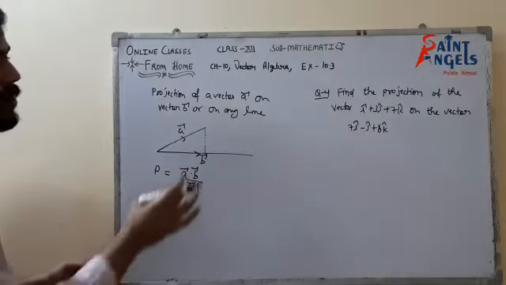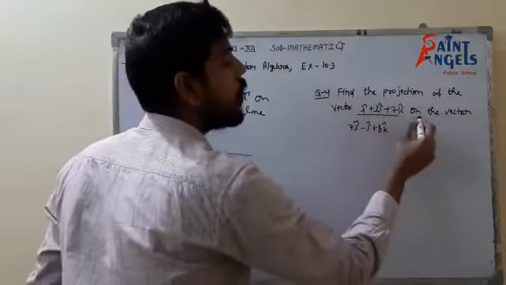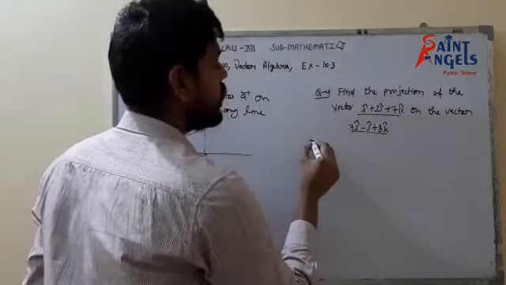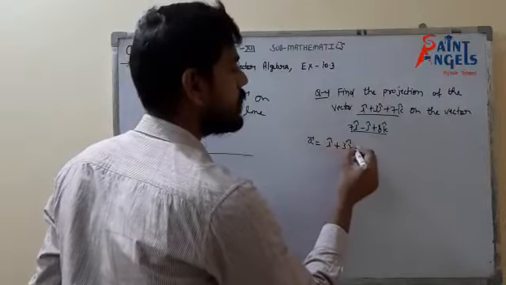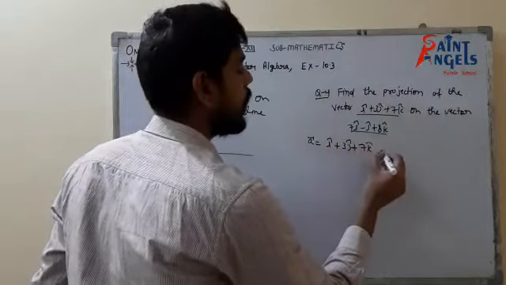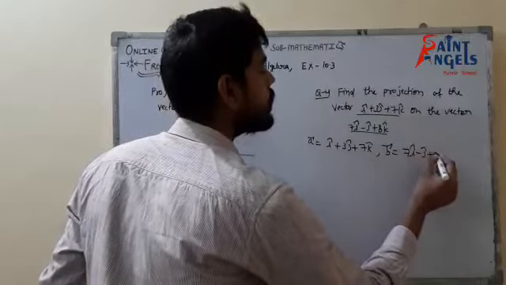Okay, so now look at question number 4. Find the projection of this vector on this vector. Let A vector be i cap plus 3j cap plus 7k cap, and B vector be 7i cap minus j cap plus 8k cap.